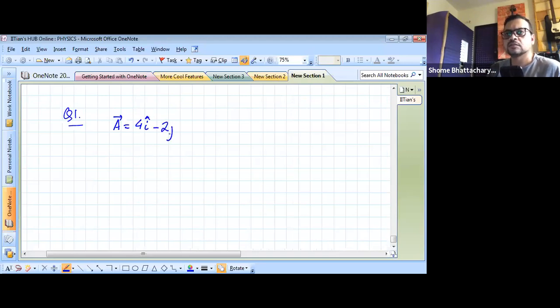Vector A is 4i cap minus 2j cap plus 6k cap, and the vector B is i cap minus 2j cap minus 3k cap.